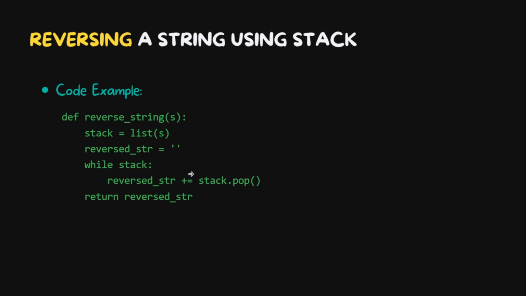Inside the loop, we pop the top element of the stack, which gives us the last character that was added. Then we append this character to the reversed string. That's the operation being done here. Finally, we return the reversed string, which is constructed by the characters popped off the stack in reverse order.